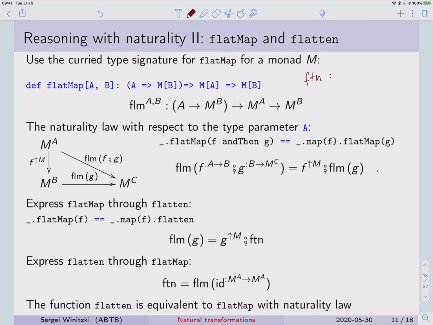It has a type signature of m of a to m of a. So in Scala this is def flatten of a, m of a going to m of a.